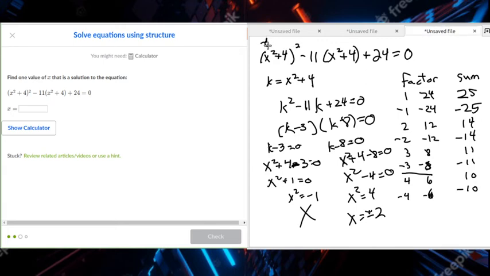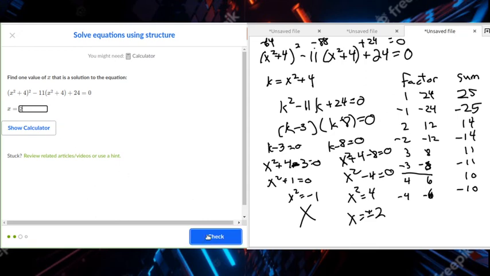We got a lot of stuff, so let me just write that up here. 64. 2 squared is 4, plus 4 is 8, times negative 11 is negative 88, plus 24, and that does equal 0. 64 minus 88 plus 24 is 0. Okay, so that works for us. Go ahead and put that 2 in here. All right, we've got one more on this side.